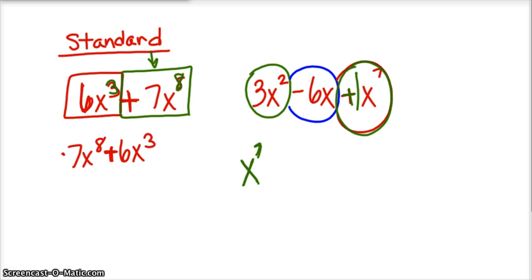Which one has the next highest degree? Next highest exponent? Notice it's a positive value. And then for this middle term that I have circled in blue, what is the exponent on the variable? Because I don't see one, it's a 1. Careful that this is a -6, so when you rearrange it, the sign goes with it.